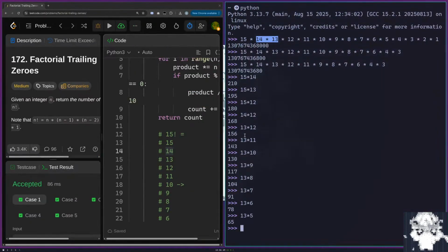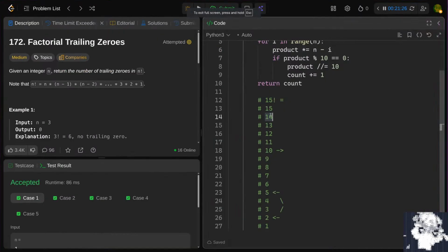It was 12, what was the first one? 12, 15 times 12. For example, it's not the only one. So these are my factors of 10 for 15.